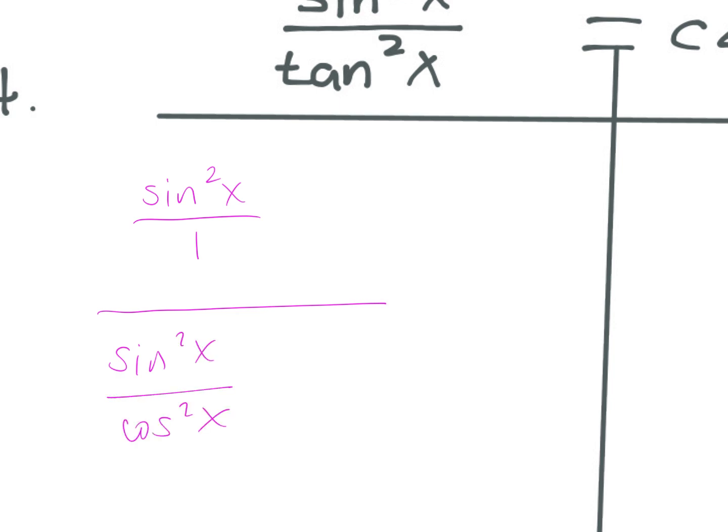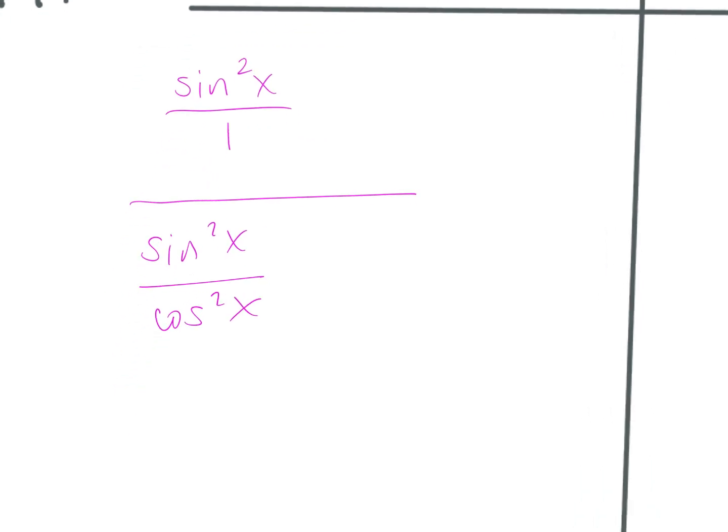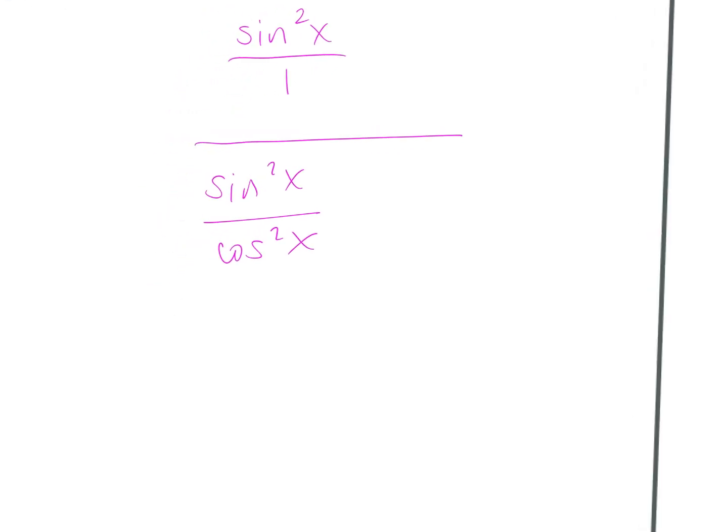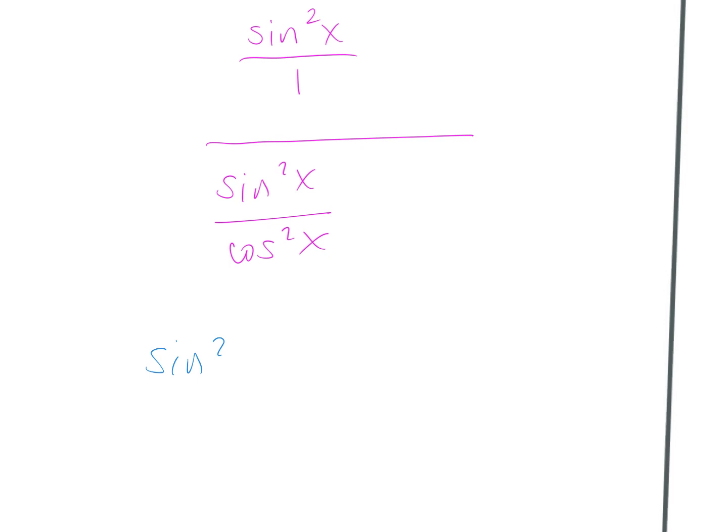Okay, good. Now we think algebraically, guys. This is a fraction divided by a fraction. So we do what? You keep sine squared x over 1. You change division to multiplication, and you do what? Flip. So this becomes cosine over sine.